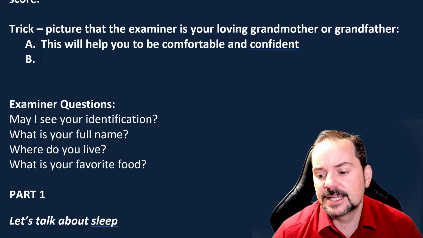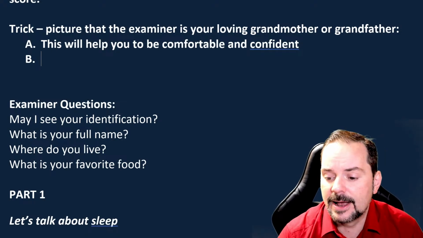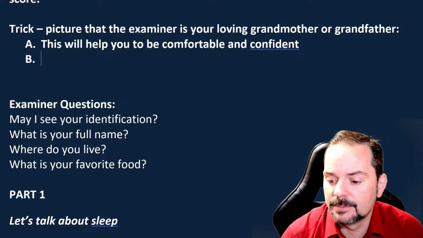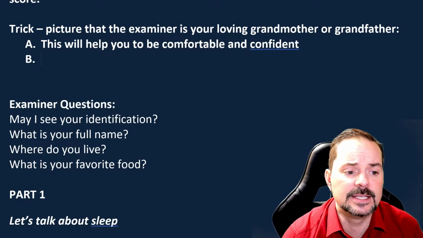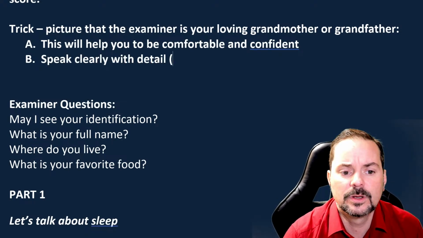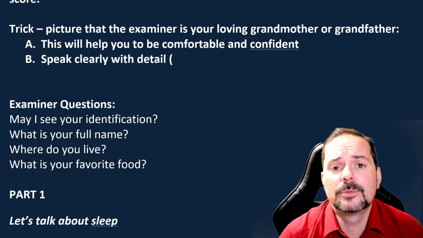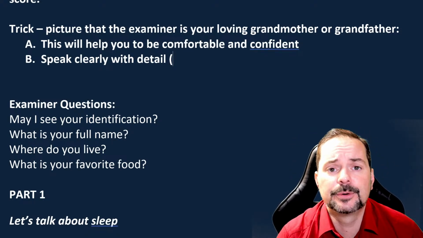Yeah, so Dia says it also is important that we picture our grandpa or grandma, not dad, mom, or sister, or somebody else, because with grandpa and grandma, we need to speak clearly and with detail. Okay? Grandpa and grandma are two generations removed, right? So they don't know about TikTok. They don't know about Instagram.